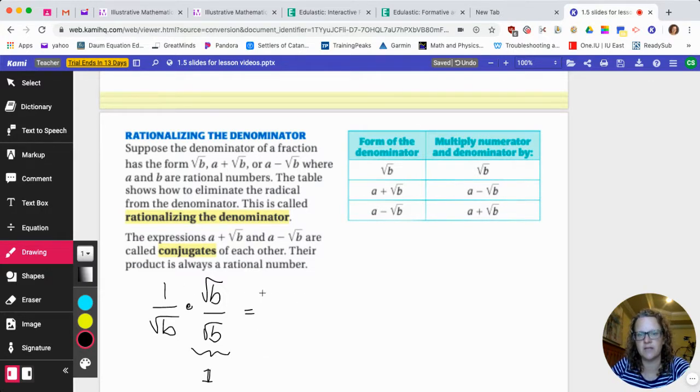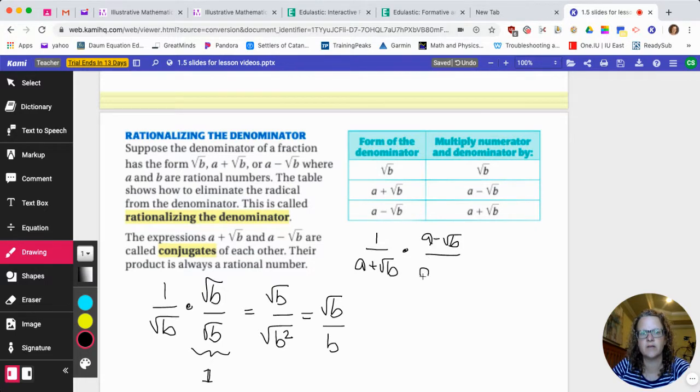So if I multiply across the top, I have root b. If I multiply across the bottom, I have root b squared, or just plain old b. And there is my rationalized denominator. It's the same with, let's just do one of these, a plus root b. I'm going to multiply this by a minus root b over a minus root b.